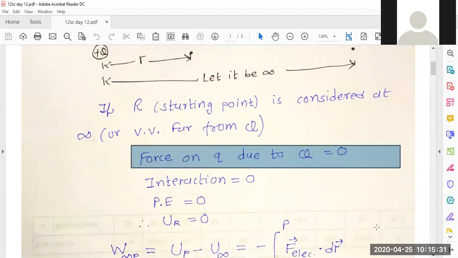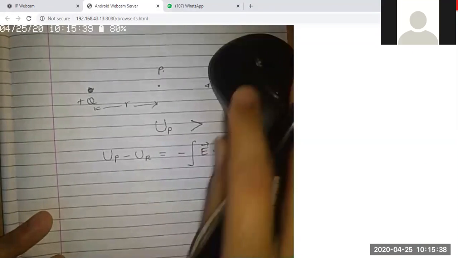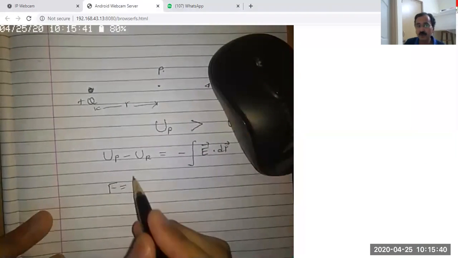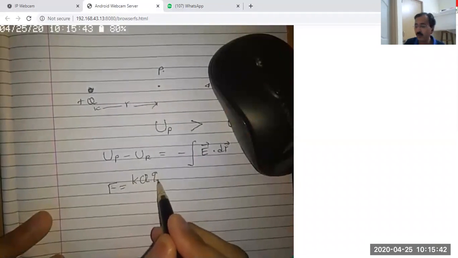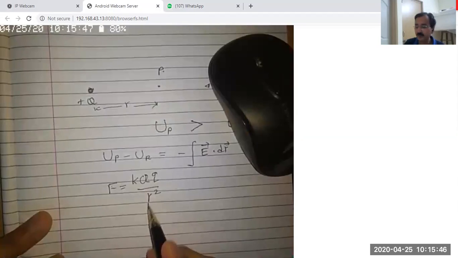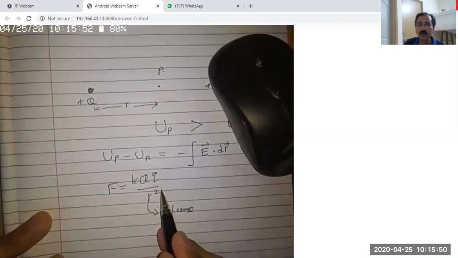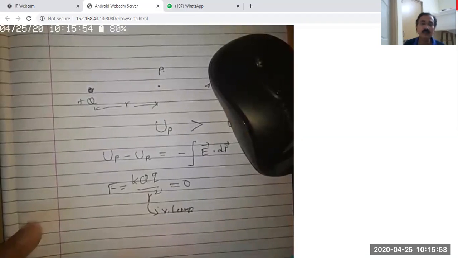Zero. On what account can you say it is zero? Because the distance is infinite. Because the formula was F equal to K Q Q upon R square. If R is very large, R square is very large, then the answer becomes zero.